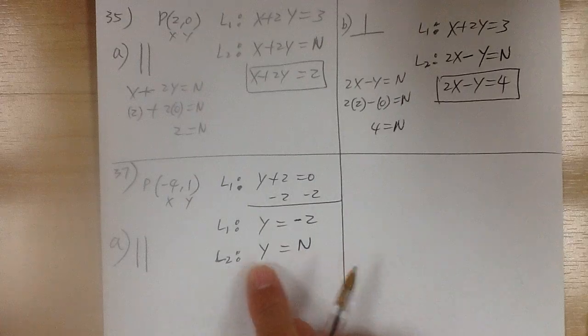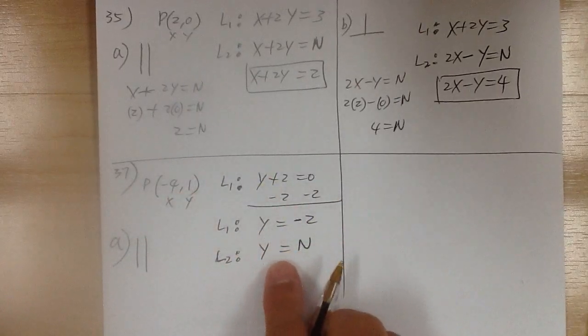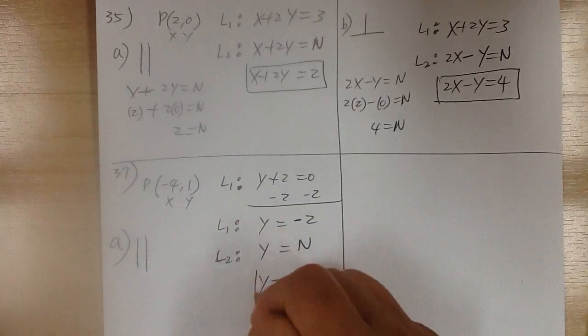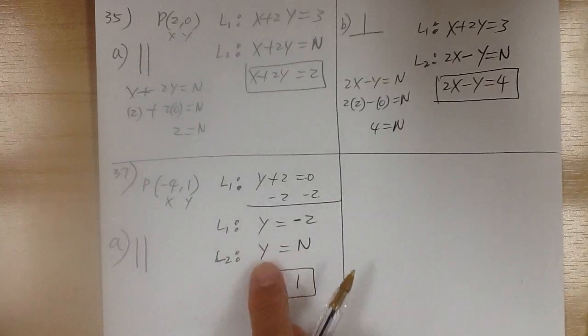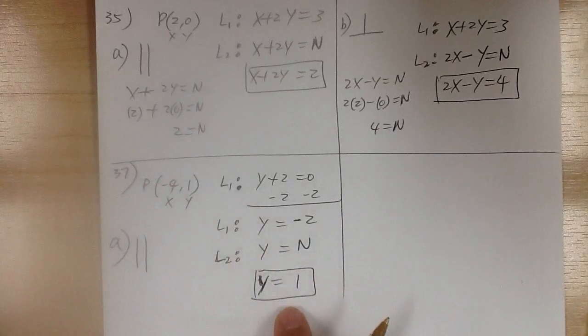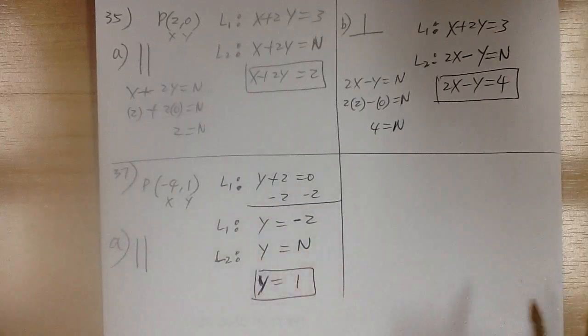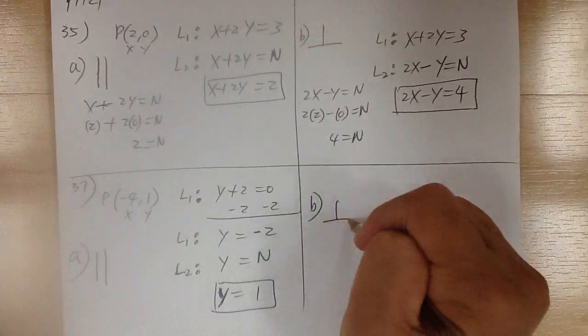And to get this number, you have to come to this point. And if you look, what's y? Well, y is 1, right? So in this case, you're going to get y equal to 1. Because again, there's no x, so you don't have to worry about the x. So you just substitute the 1 into here, so n equal to 1. Now for part B, it's a perpendicular line.